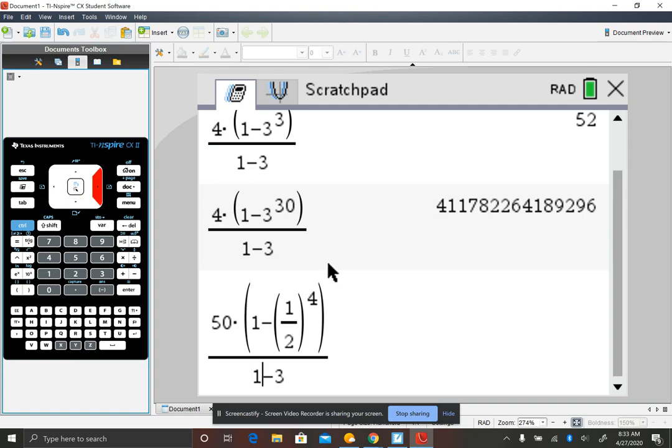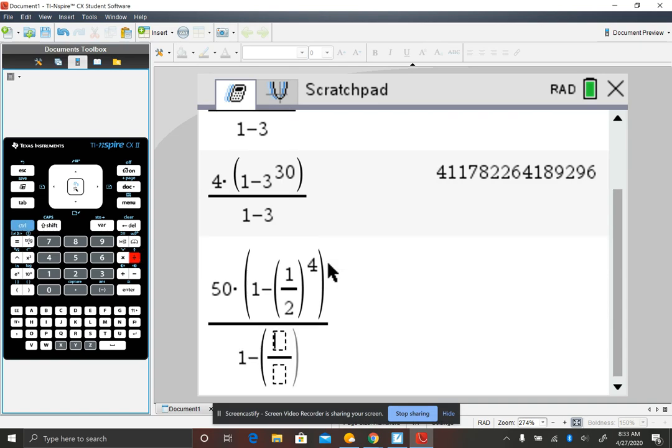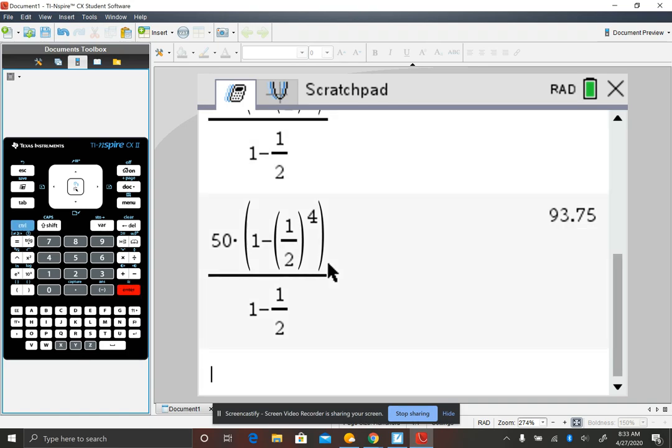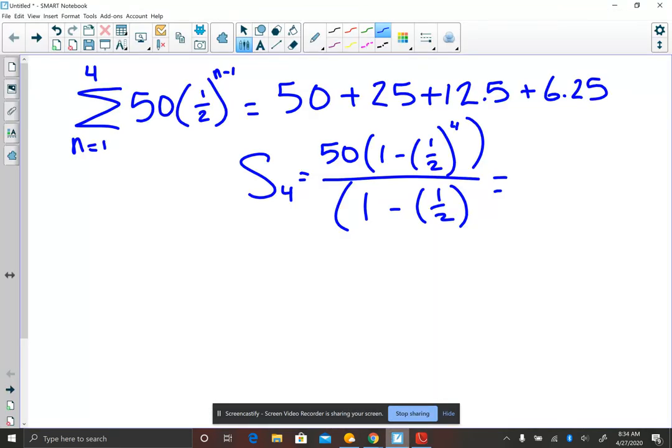And down below, change my constant ratio to half. You can use decimal as well. So that would be the expression. Remember, they tend not to give it to you in decimal unless you ask for that. So 93.75. That's how that would look. So the sum of the first 4 is 93.75.